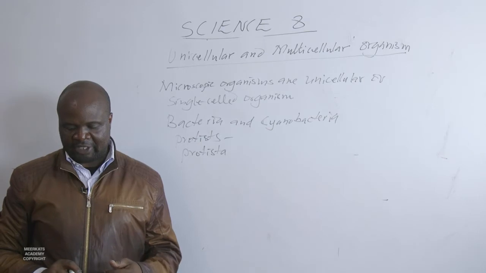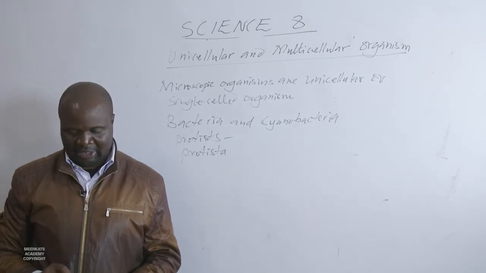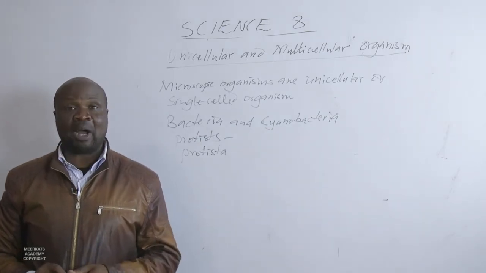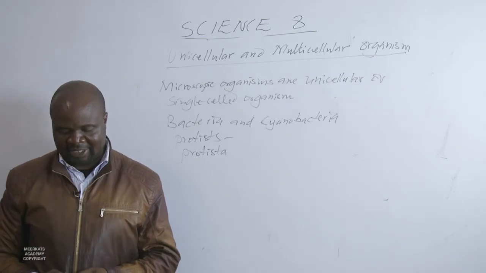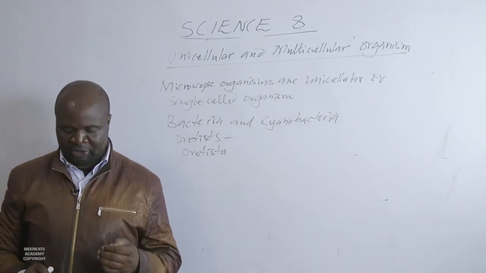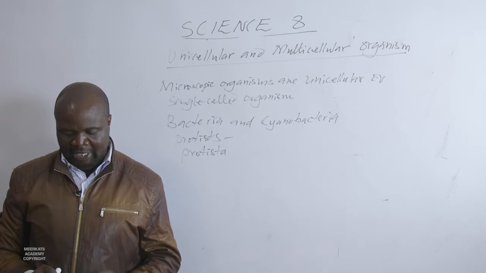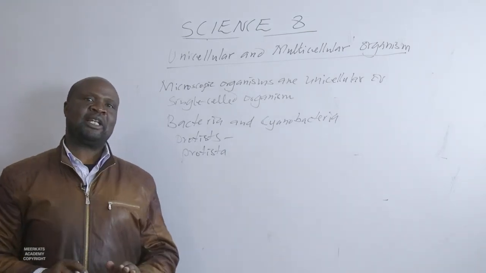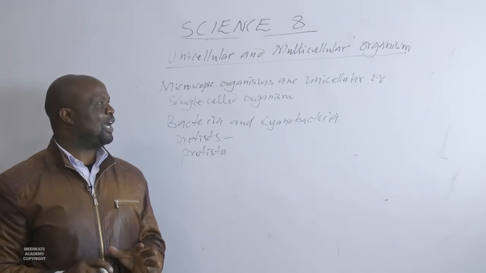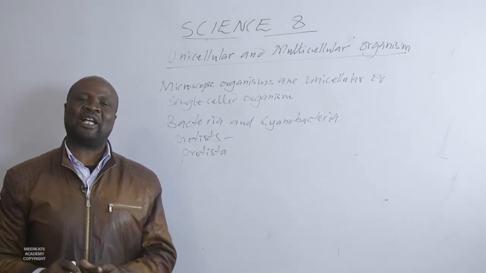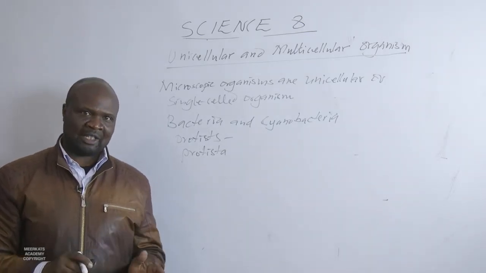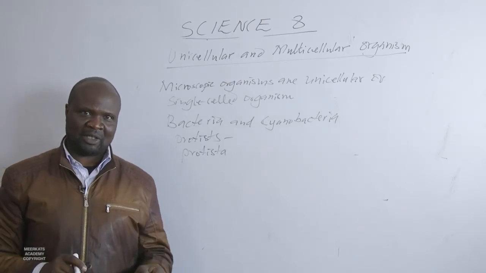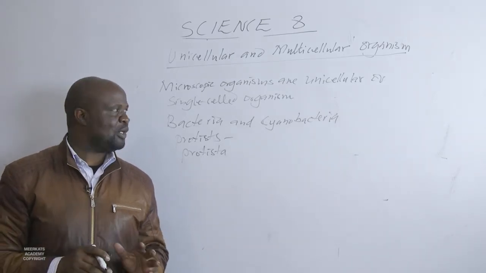There are about 85,000 different types of unicellular organisms that have been discovered so far. But those are the only ones they have discovered.